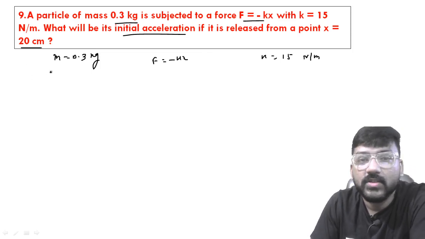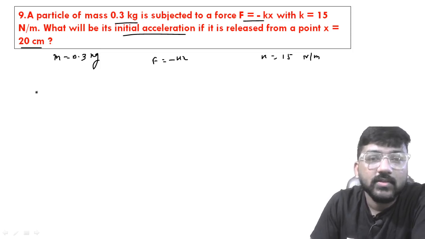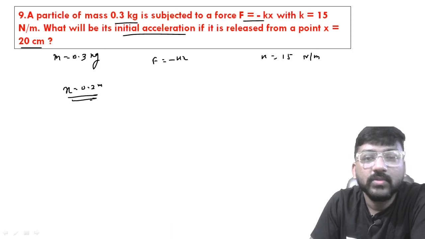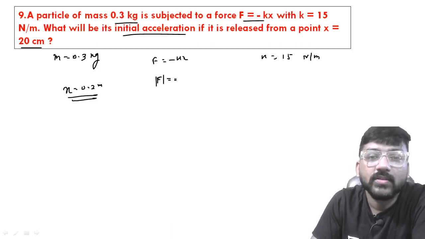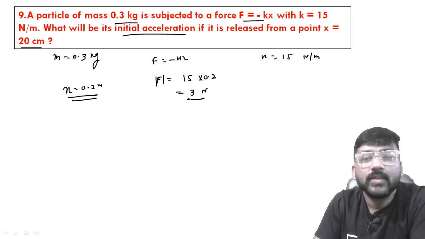That means 0.2 meter. So when x is equal to 0.2 meter, what will be the initial force? The magnitude of force will be k into x, that is 15 into 0.2. So that is just 3 Newton. So what will be the acceleration?